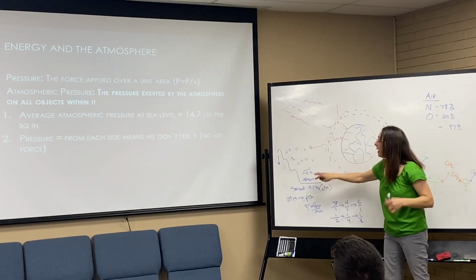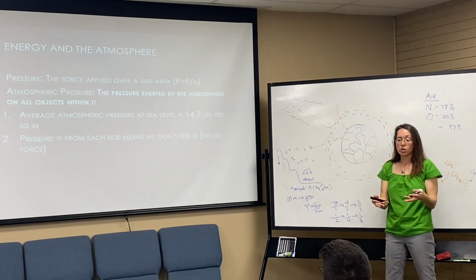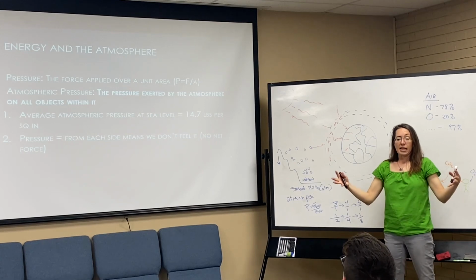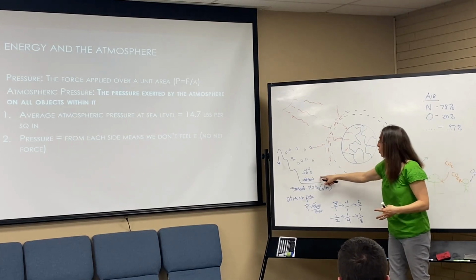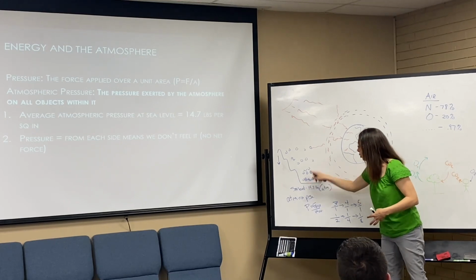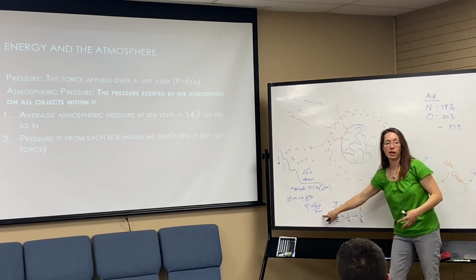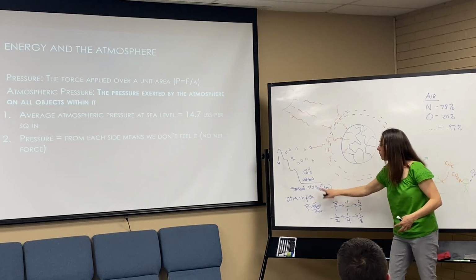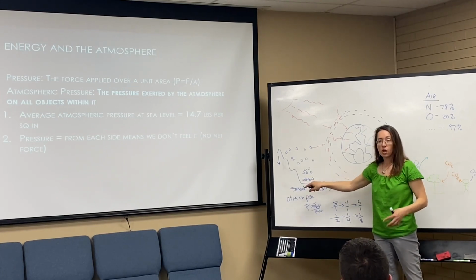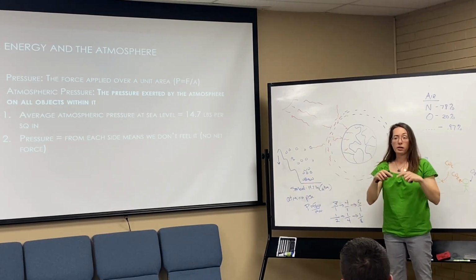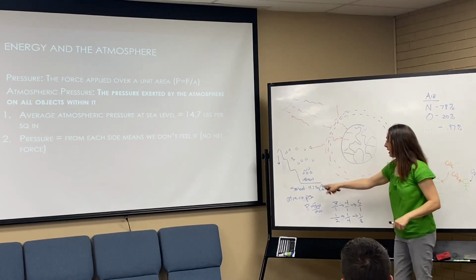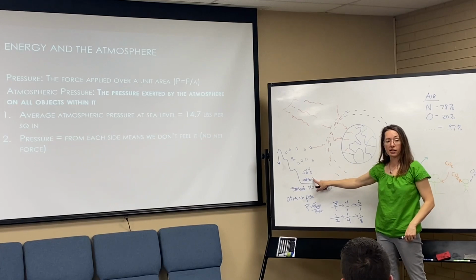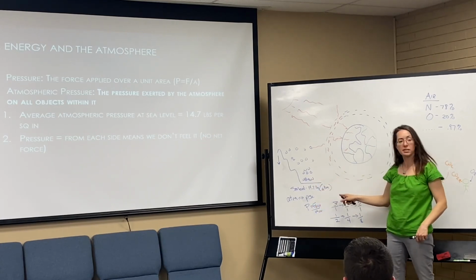Okay, so we have this air, it's down close. The closer it gets, the more packed together it is. When it's more packed together, we have more molecules in the same area. So we have more force. If all of these are applying, say, 1 of force, and I can fit 6 of them inside this area, then my pressure is going to be 6.